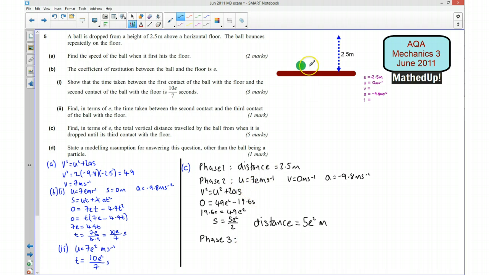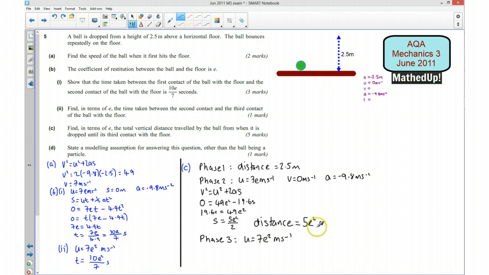Okay, and in phase 3, this is where it's bounced for the second time. Its initial speed is going to be 7e squared meters per second. And we're going to do the same thing again, because v is going to be 0 and a is going to be minus 9.8 meters per second squared. We're going to follow this process again, but it's going to be exactly the same, but instead of e this time we've got e squared.